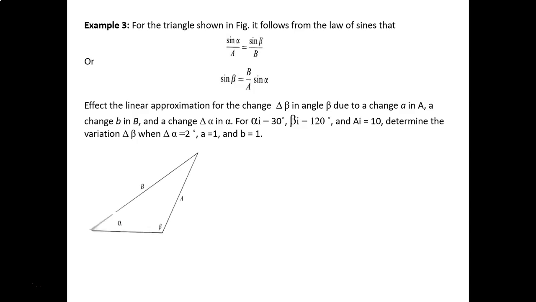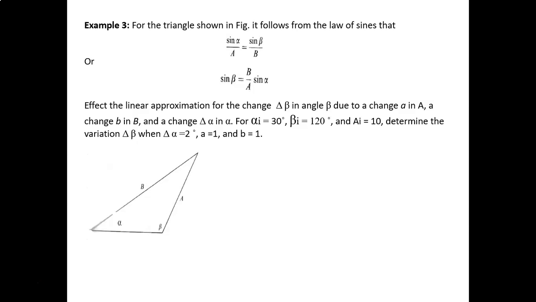Example 3. For the triangle shown in the figure, it follows from the law of sines that sin alpha upon A is equal to sin beta upon B. Therefore sin beta is equal to B upon A into sin alpha.